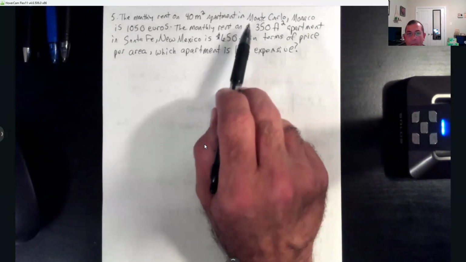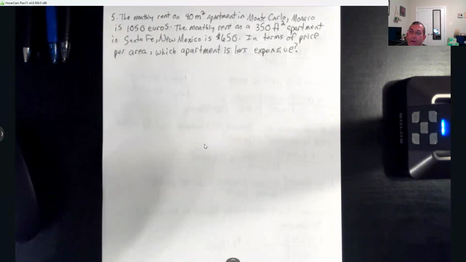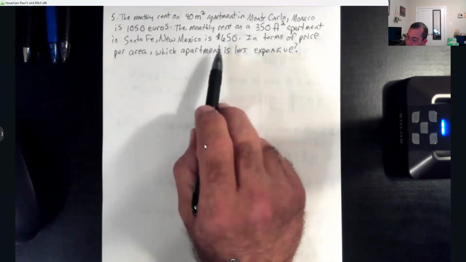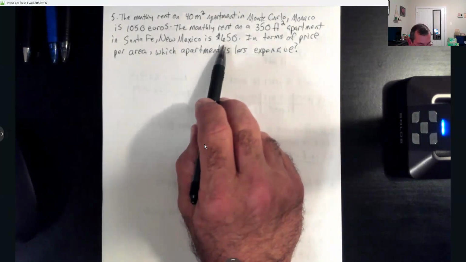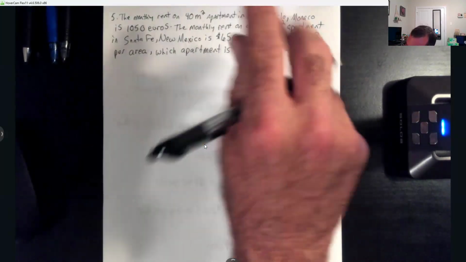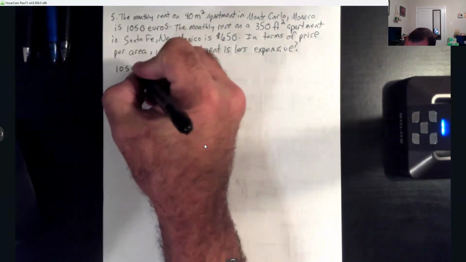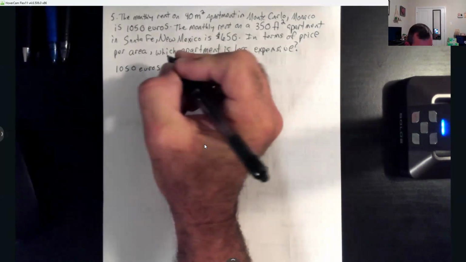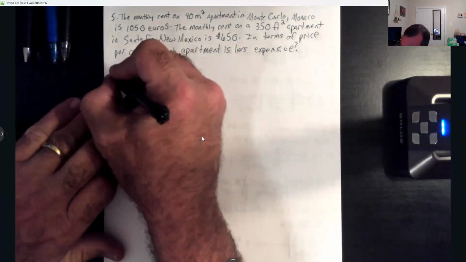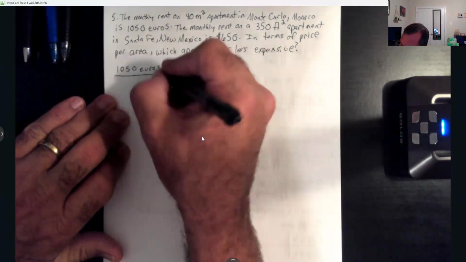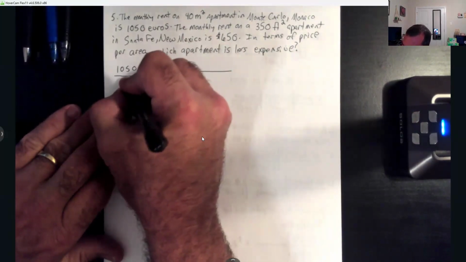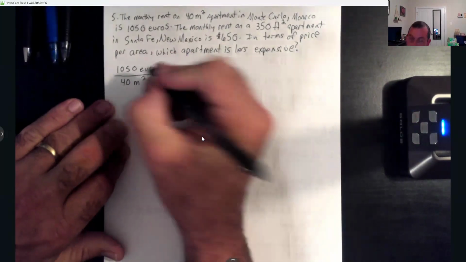So y'all let me see what I did on this one. I'm going to start out with the Monte Carlo apartment and see how much it will cost per foot in American dollars. And then we'll do the Santa Fe apartment, okay? So the Monte Carlo is 1,050 euros. And we're paying that for 40 square meters.